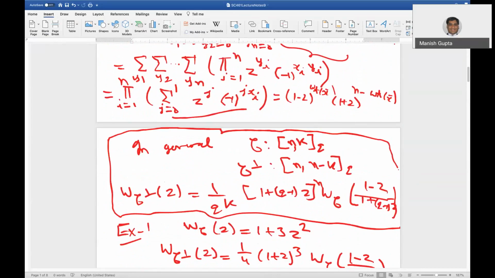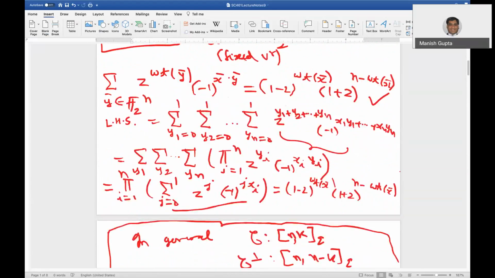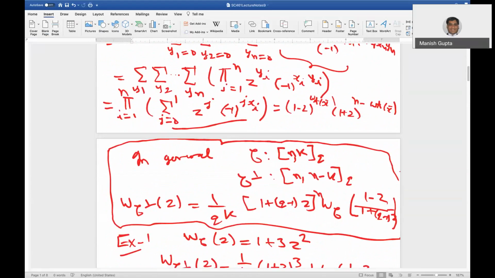If the weight distribution or weight enumerator polynomial for a code C is given, we can find the weight distribution polynomial of the dual code. So this is a nice result. I think that's all for today. We discussed the MacWilliams identity and we talked about bounds on codes. In the next class, we are going to look at the Hadamard matrix, and using it, we'll construct the Golay code. Okay, thank you.